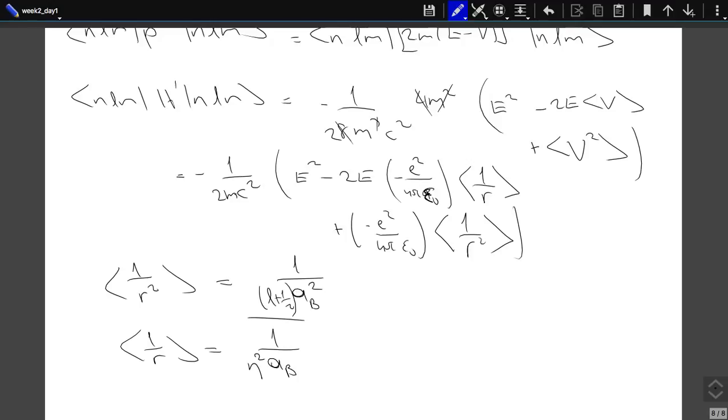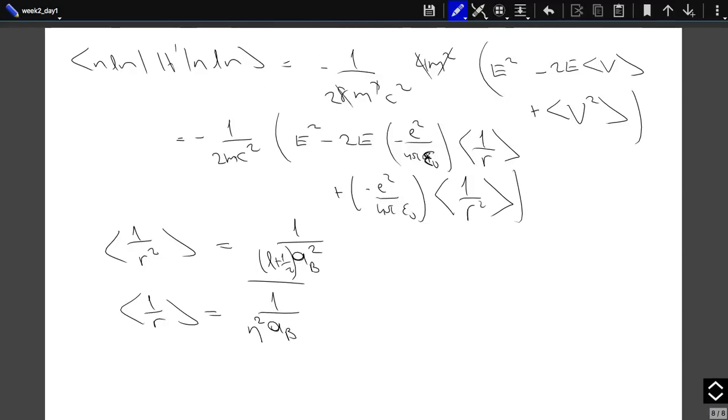Now another thing to note is that the average of V will also be proportional to E itself. So you see the expectation of V squared will also be proportional to E squared. All of these terms are proportional to E squared.